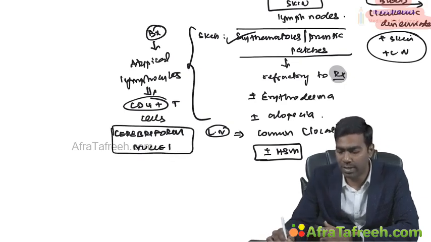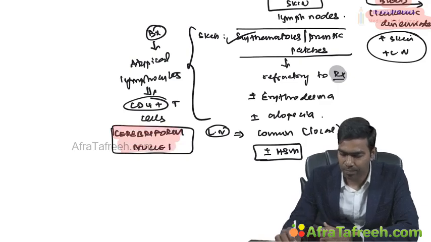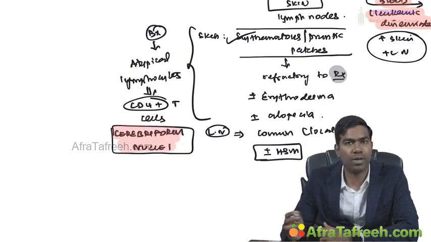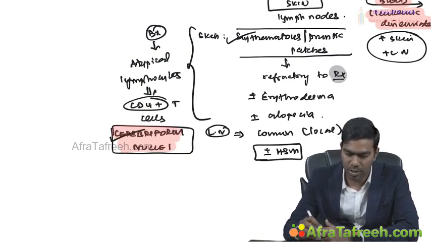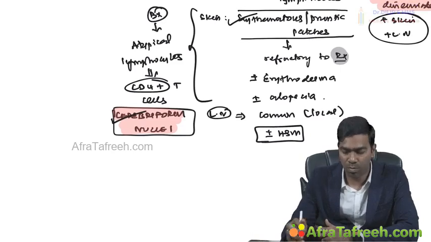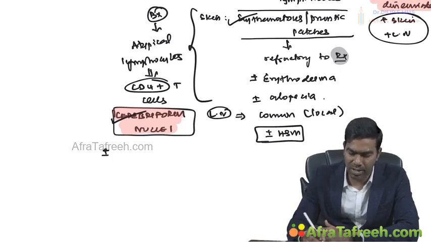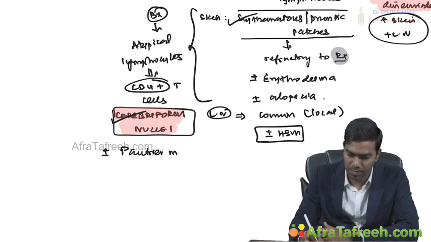If they ask you why you see the cerebriform nuclei in this particular type, mycosis fungoides Sézary syndrome, you have to tell it is due to clumped chromatin. That is the reason why you get this type of cerebriform nuclei. Plus or minus, histology will also show an important feature called Pautrier microabscesses.